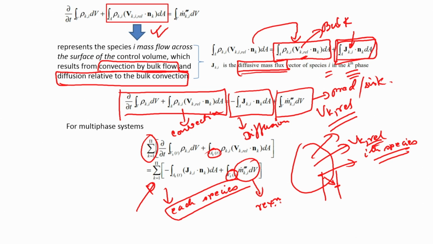So, in this particular slide what we have explained is that you not only have convection, but you also have a diffusion of species, because you can have a concentration gradient, as there are many species present in the system, and you also can have a production or destruction kind of a term of the species.